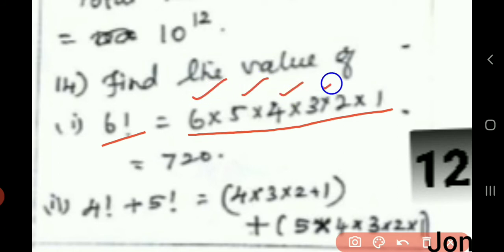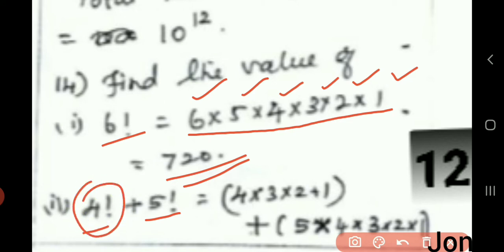Find the value of 6 factorial. 6 factorial, we have to reduce the numbers from 6 to 1. So 6 into 5 into 4 into 3 into 2 into 1, which is equal to 720. In the second problem, 4 factorial plus 5 factorial. 4 factorial is 4 into 3 into 2 into 1. 5 factorial is from 5 to 1, so 5 into 4 into 3 into 2 into 1.